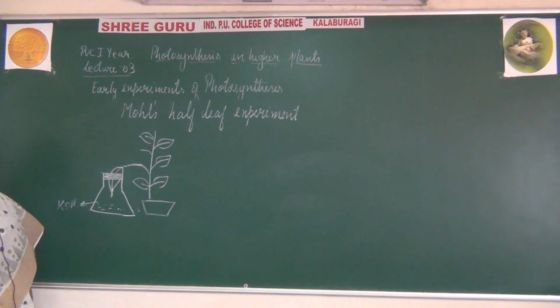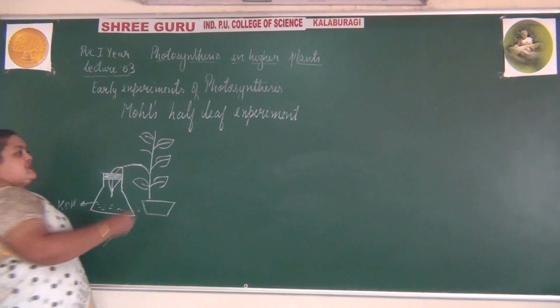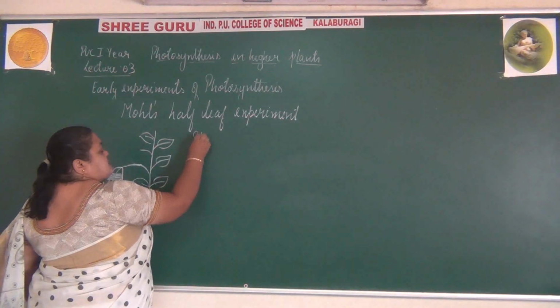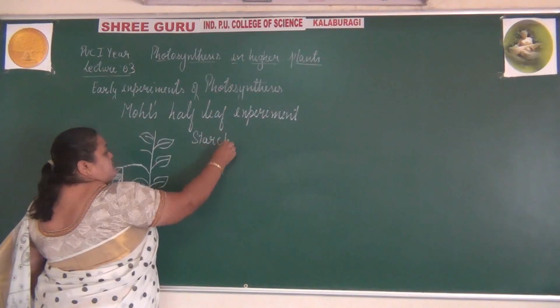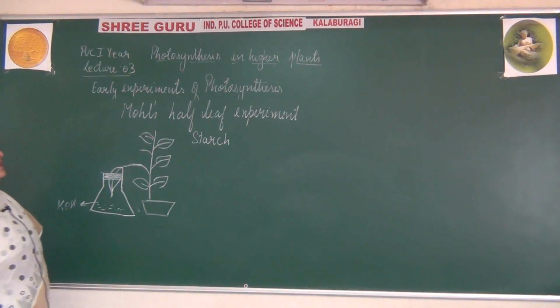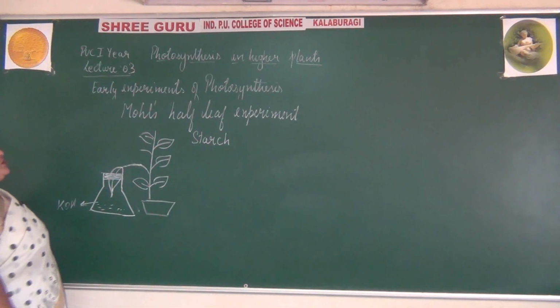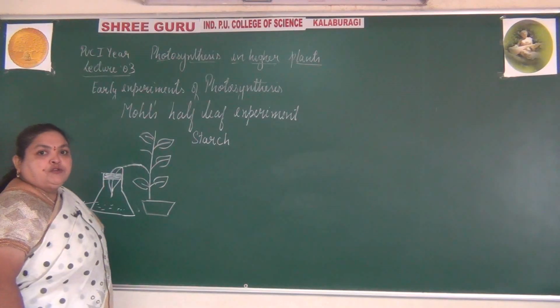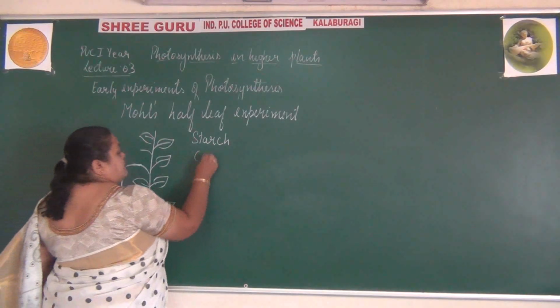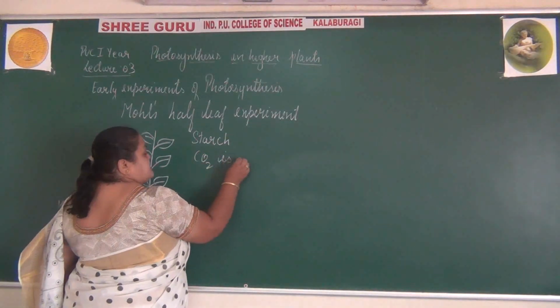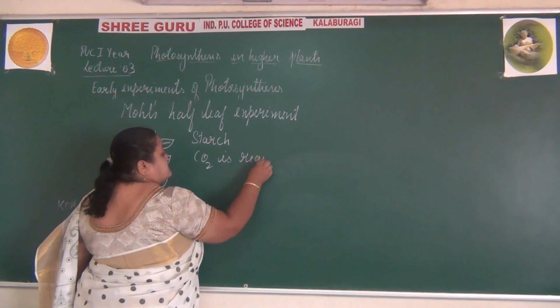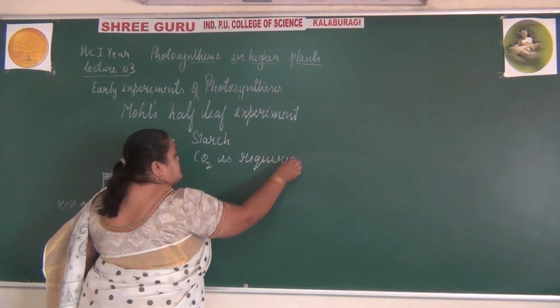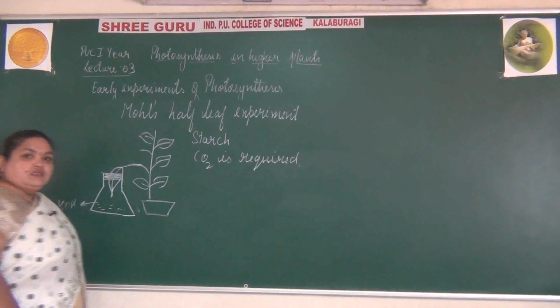So this setup was kept for a few days and it was tested for the presence of starch. With this experiment, he wanted to show that carbon dioxide is necessary for the process of photosynthesis.